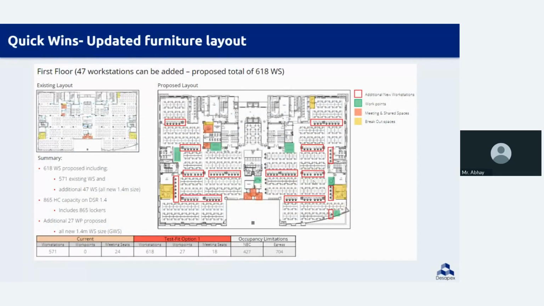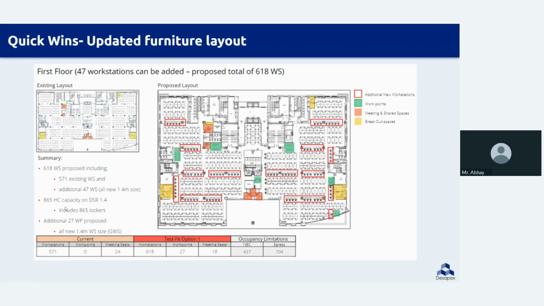Once we captured the existing conditions of the site, we gave our client two options: one is quick wins, and the other is doing the entire refurbishment. There were some areas where we could add desks or do minor modifications without changing the existing furniture.